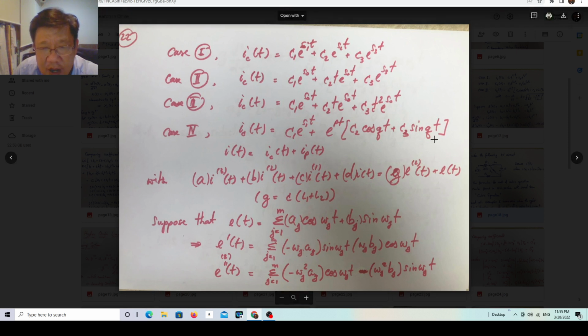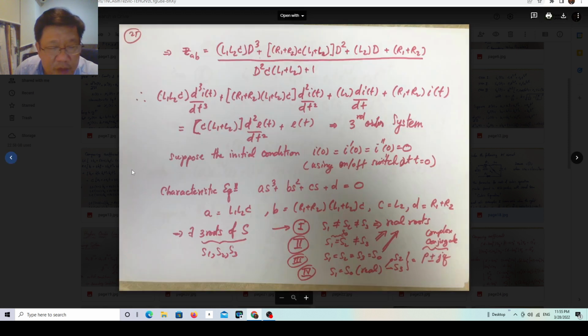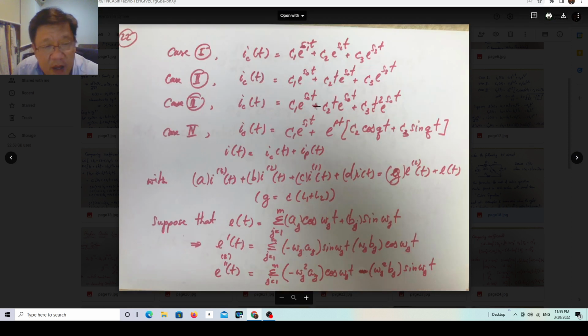You know the latter part here from example 3, this is the format when you have a complex conjugate root. And then the other one has to be a real root. So that's what I mean: when you analyze higher order here, there will be more combinations of the pattern of roots that can happen, and each case leads to a different type of complementary solution.